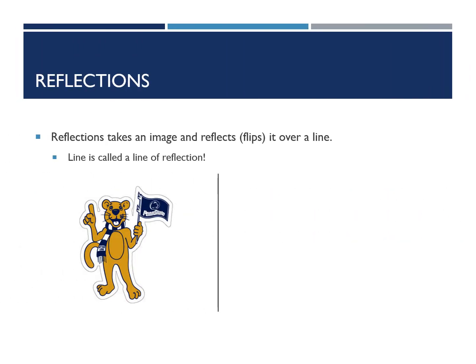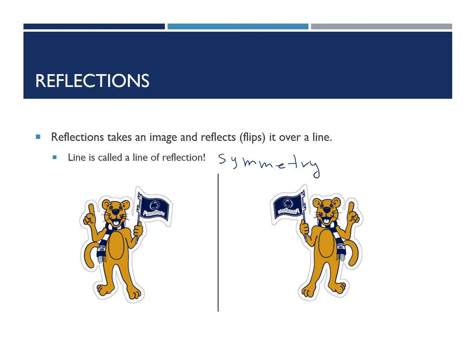A reflection takes an image and reflects it, or flips it, over a line, and we call that line the line of reflection, or sometimes the line of symmetry. Some of this will be familiar to you. Here the Nittany Lion is reflected over that line.